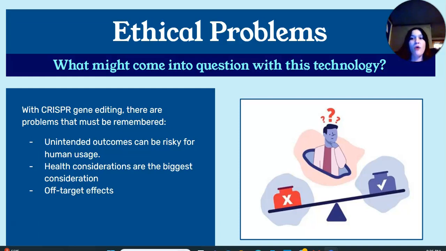And the adverse effects are always the biggest problem with something like gene editing. Because of this, in the future, it's always important to improve upon what is safe for each type of gene editing, specifically with how precise it is going to be.